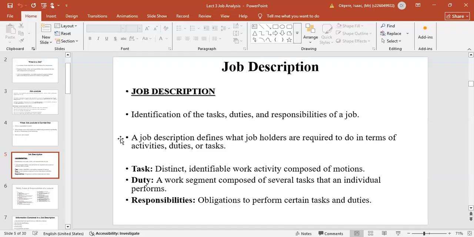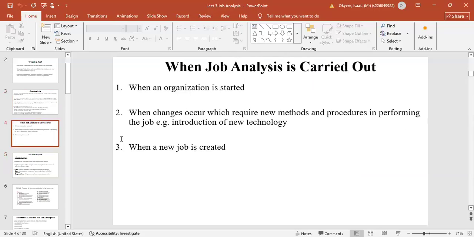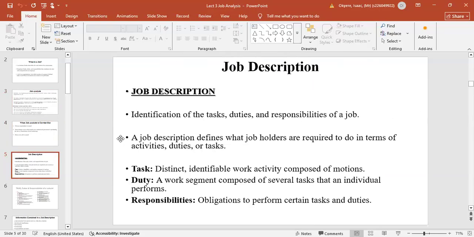We know the three kinds of information that job analysis brings out. It brings out job description, job evaluation, and then job specifications. And we have known what job descriptions are: the tasks, the things that we are expected to do, the responsibilities.